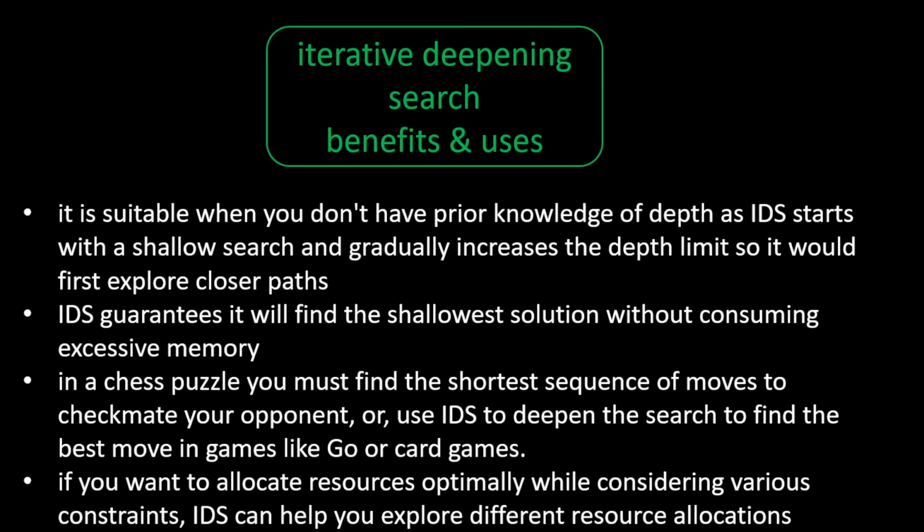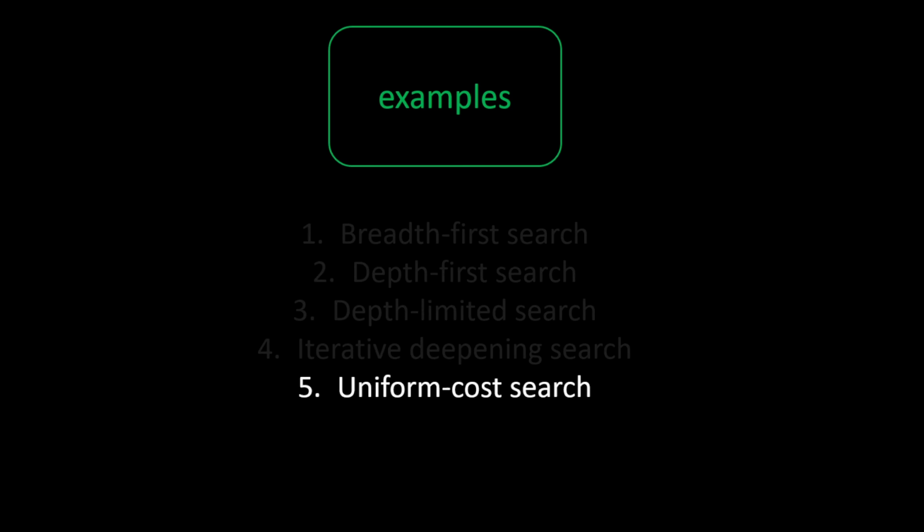And if you want to allocate resources, you might try different options, starting off from the least expensive and then go through the options to find what you want the resources to be used for, using this iterative deepening search.